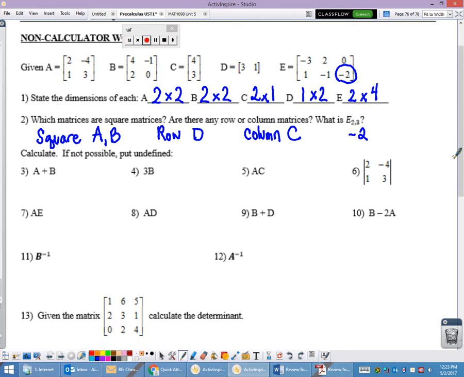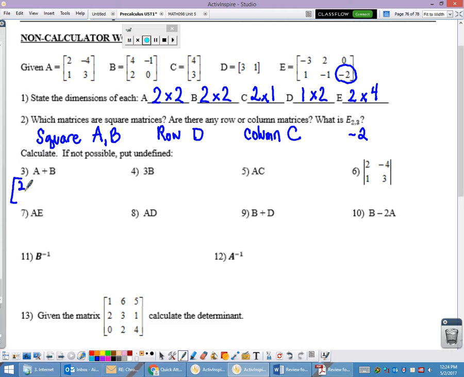Now, getting into calculation. For addition, if you remember from our foldable, you would know that both matrices that you add have to have the same dimension. So if I look at matrix A and matrix B, they are both 2 by 2 matrices, so I know that I'm going to be able to add them. To add them, I'm just going to add element for element.